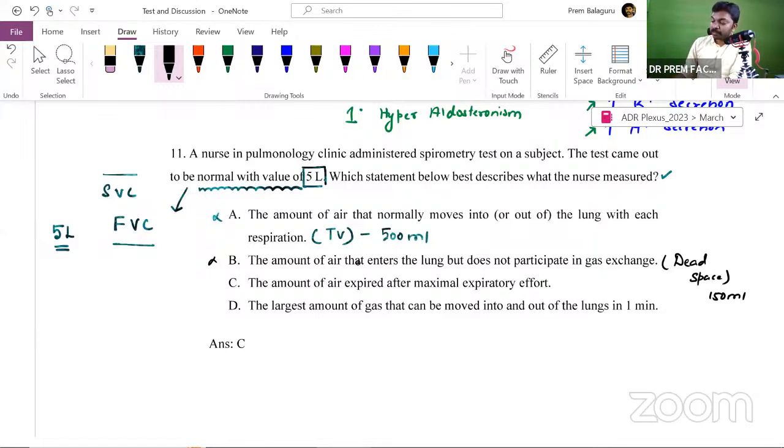Option C, the amount of air that can be expired after maximal expiratory effort, seems to be forced vital capacity. So let's keep this option. Option D, largest amount of gas that can be moved into and out of the lungs in 1 minute.